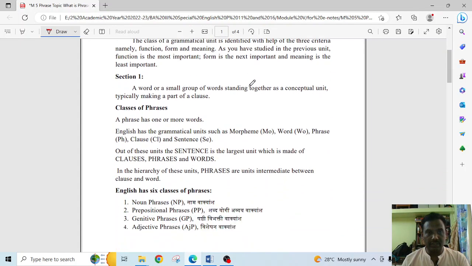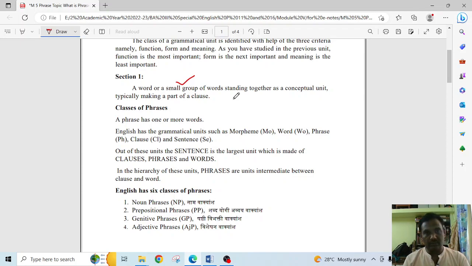Now, generally, you know that a phrase is a single word or a small group of words, and this group or a single word has a certain conceptual unit. It is also part of a clause.